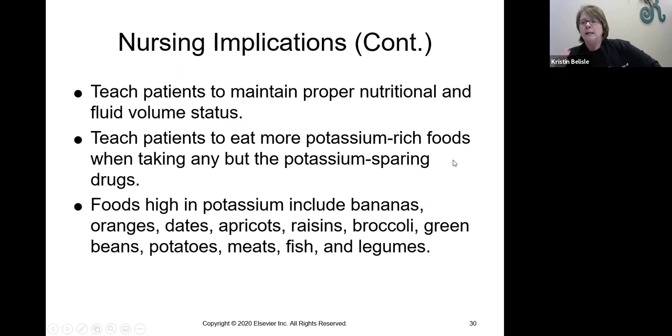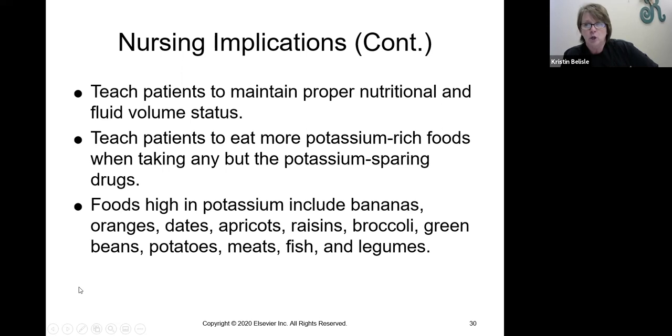Foods high in potassium: bananas, we all know that. We're taught that at a very young age. Oranges, dates, apricots, raisins are a good one. Broccoli, a good one. Green beans, potatoes, meats, fish, and legumes.